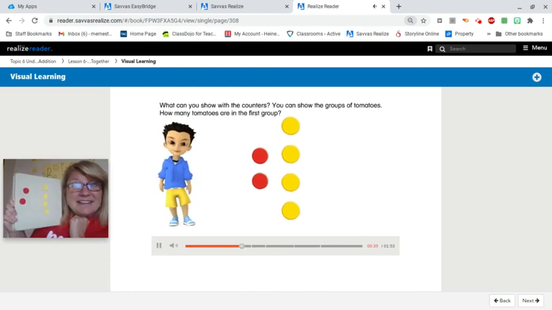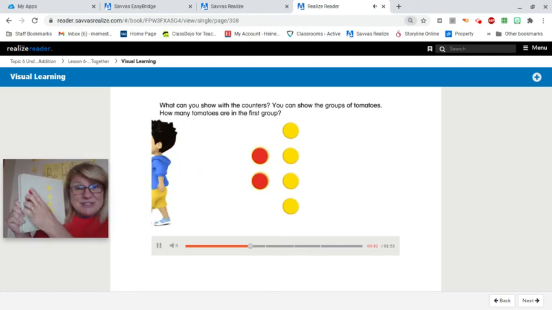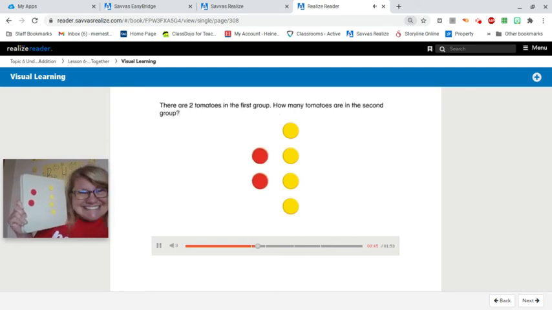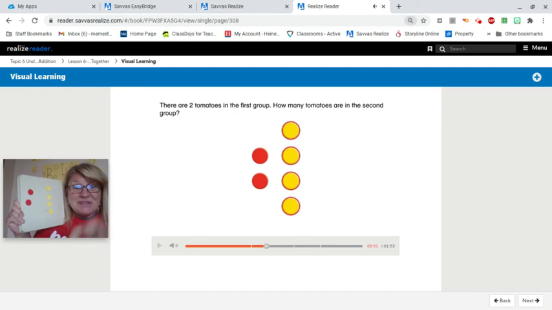You can show the groups of tomatoes. How many tomatoes are in the first group? There are 2. And how many are in the second group? There are 4. There are 2 tomatoes in the first group. How many tomatoes are in the second group? We already know. 4.